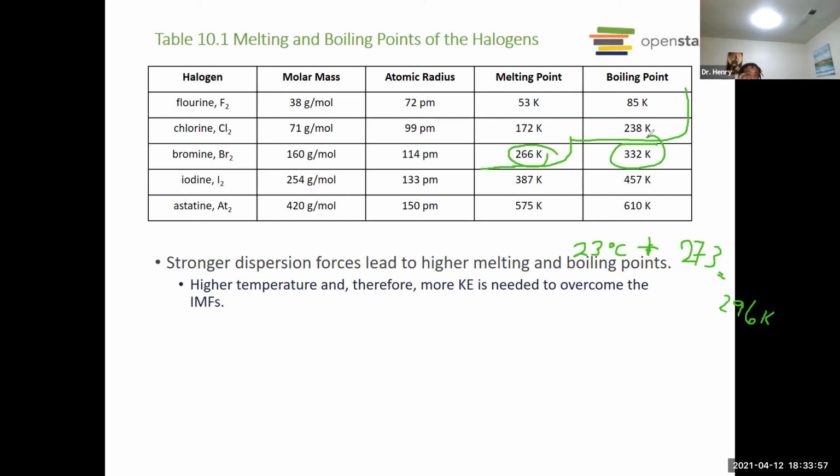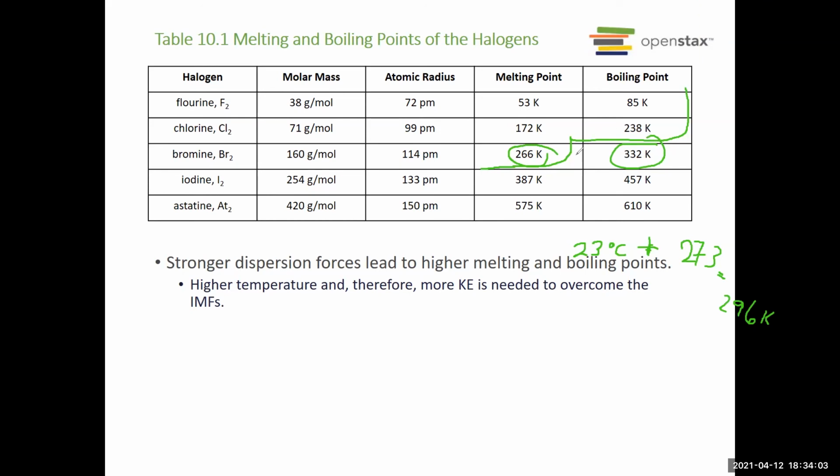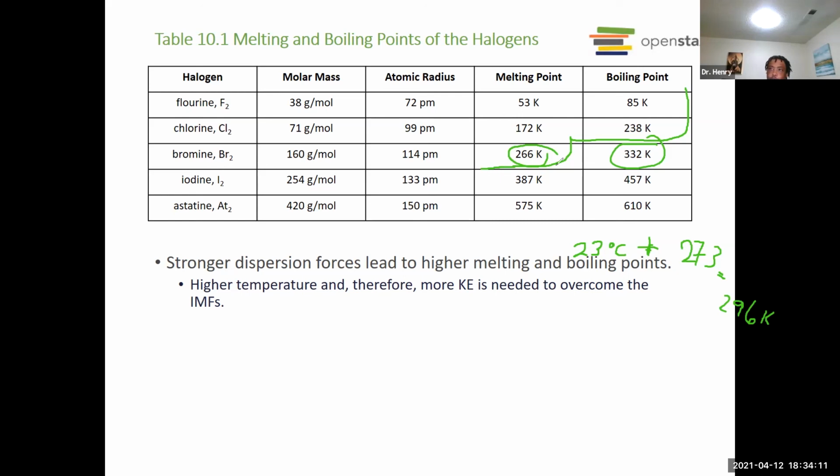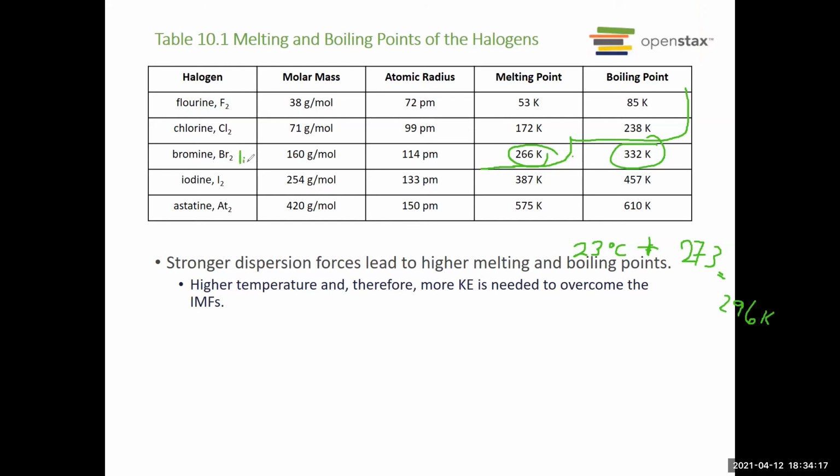So would that be a solid, liquid, or gas? It would be a liquid because it's slightly higher than its melting point. That's right. So at 296, it's between its melting point and its boiling point, so we would expect this to be a liquid at room temperature.